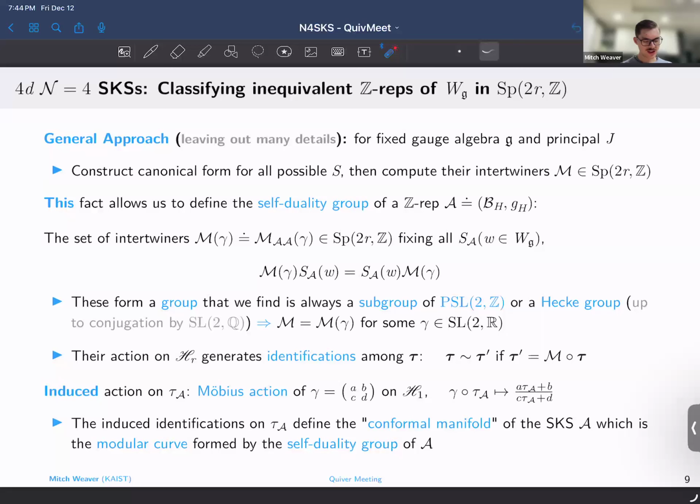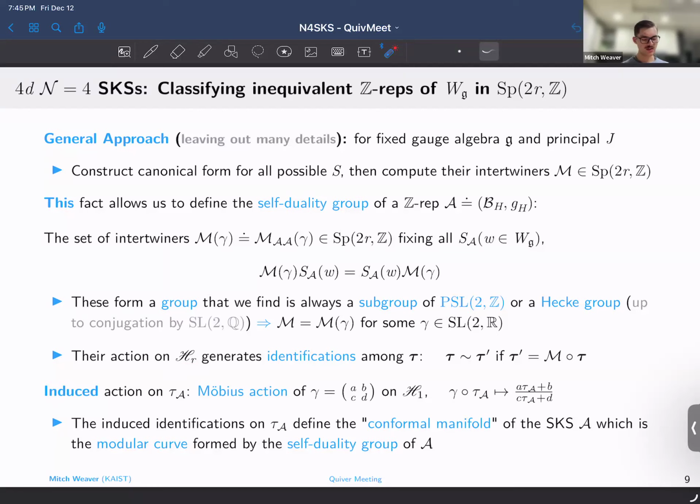But then the action of these self-duality transformations on the Siegel upper half space will generate identifications among boldface tau. Remember, tau was not actually uniquely fixed. It was sort of dependent on this complex parameter. And so the action of the M's that satisfy this equation here will generate identifications within this kind of one complex dimensional subvariety of HR.